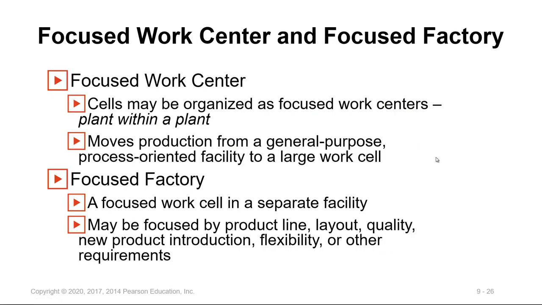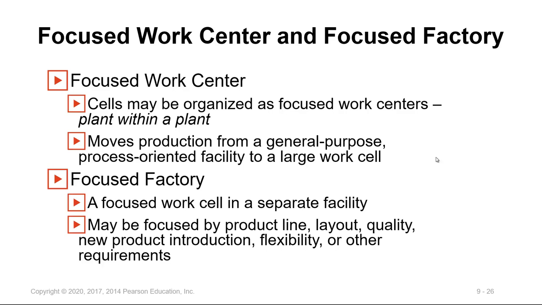The other two types of focused facilities are the focused work center and the focused factory, as we said. The focused work center can identify a large family of similar products that have a large and stable demand. So we are addressing a large work center that will be specified just for this family of products.